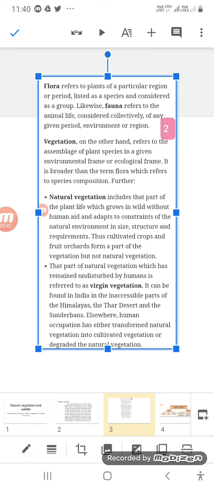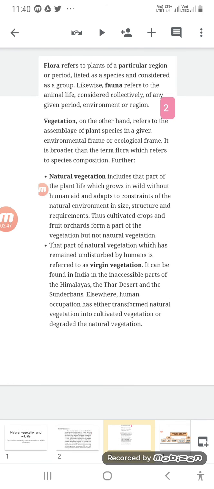When this natural vegetation is totally undisturbed, totally unchanged, without even human interference, it is called virgin vegetation, which you can see on the high mountains, in the Thar desert, etc.